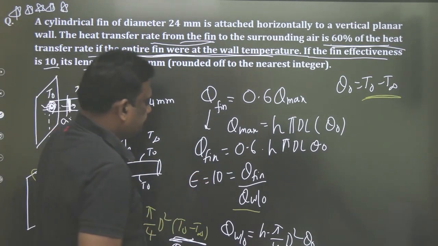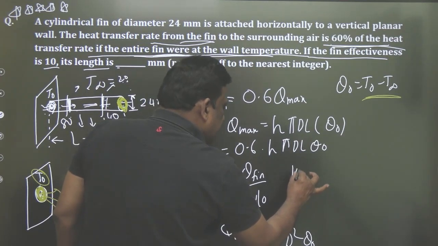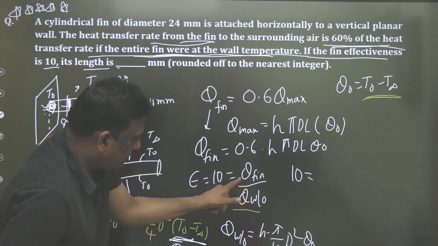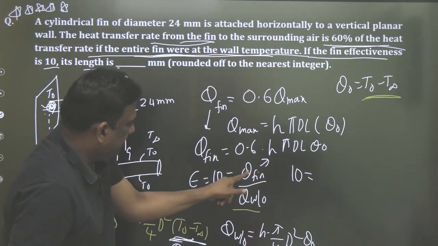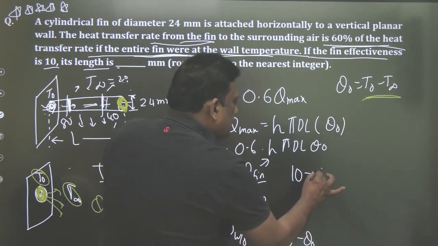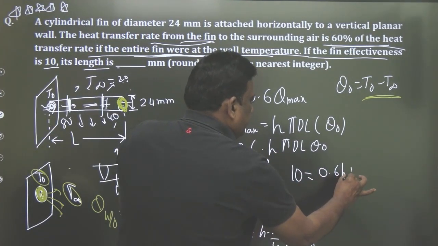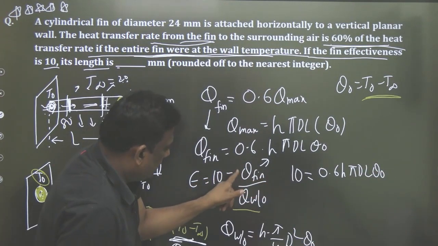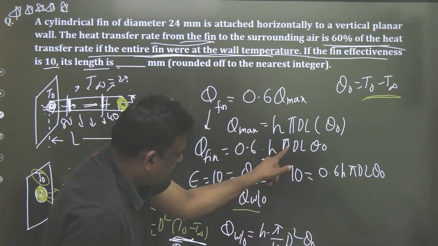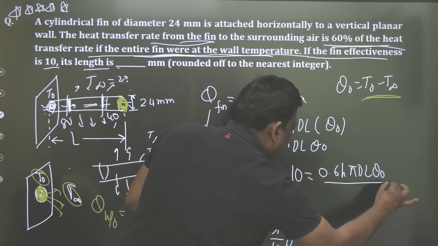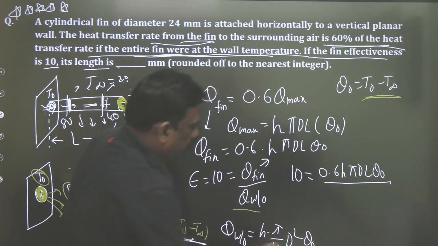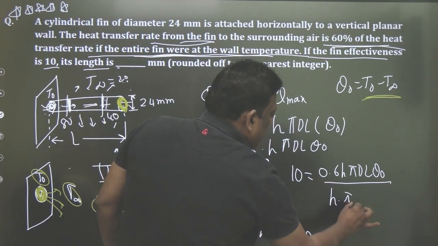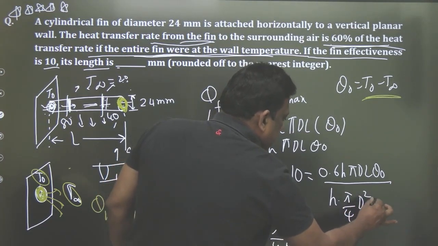So here put 10 is equal to heat transfer with fin. Already you know heat transfer with fin is 0.6 h pi d L theta naught, divided by without fin. What is without fin? h pi by 4 d square theta naught.